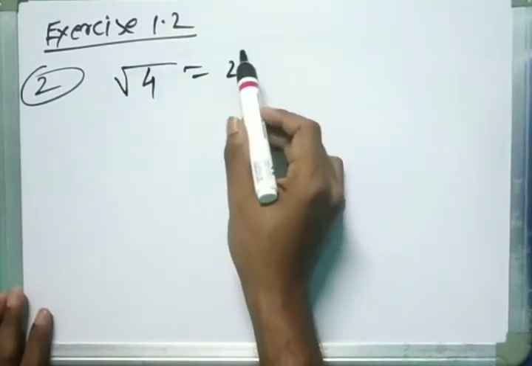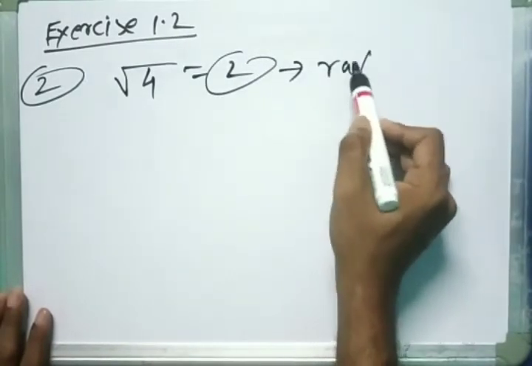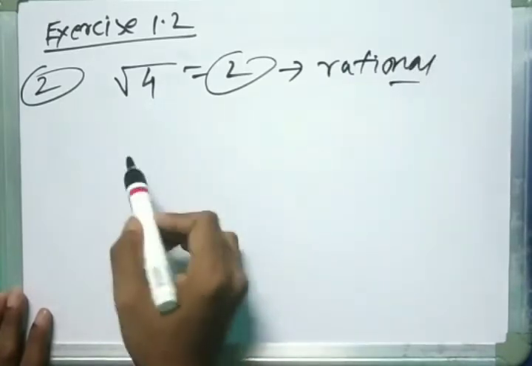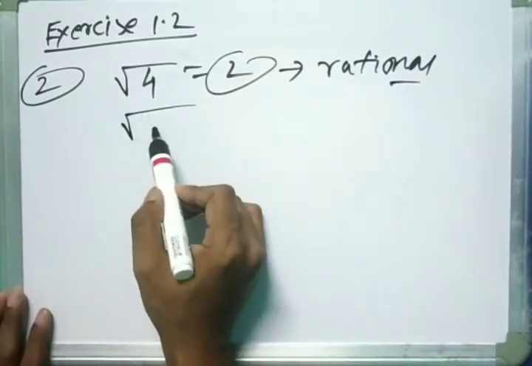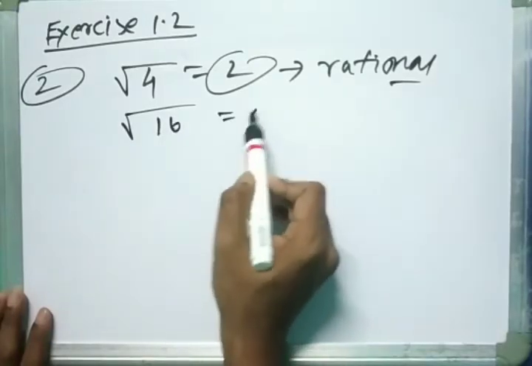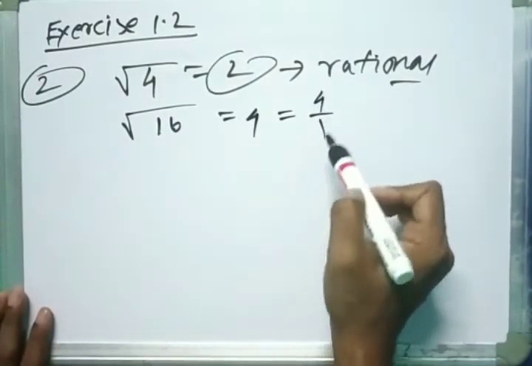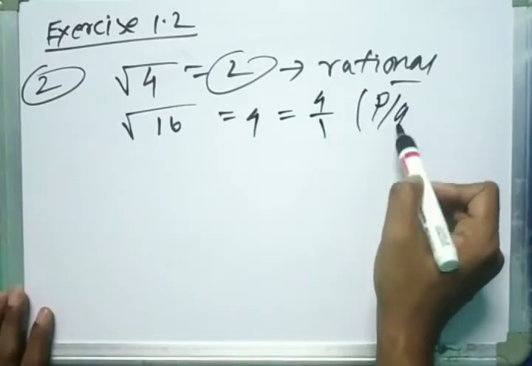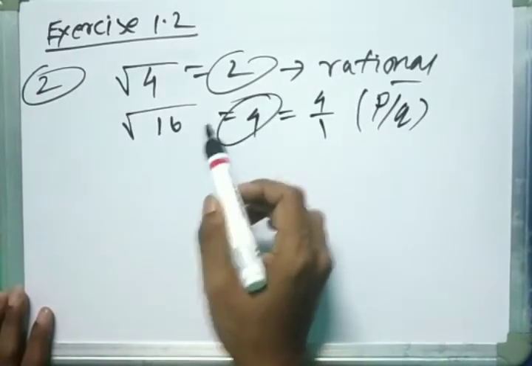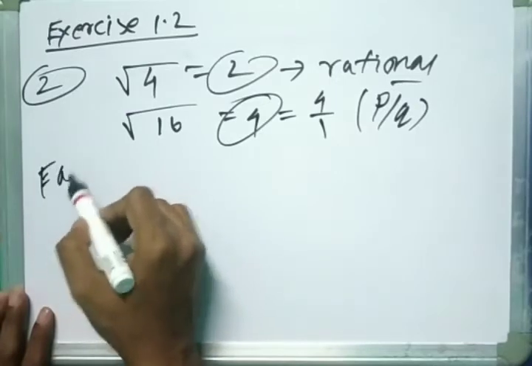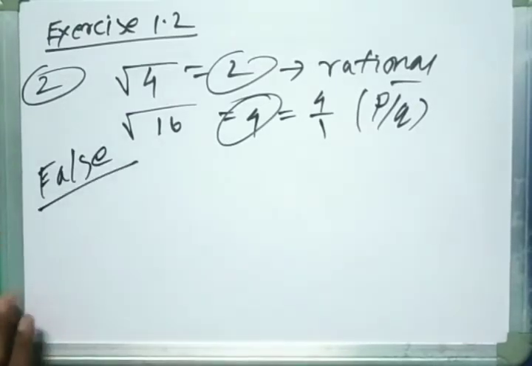So this is not irrational, right? This is rational. Also take the example of root 16. You will get 4. So we can write this as 4 by 1, means p by q. So this is also rational. So that statement is false.